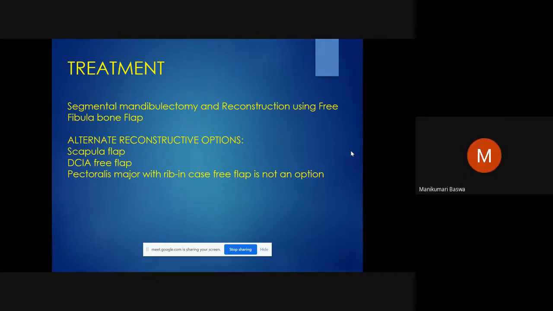The fibula might be at the basal bone itself. So you have to put an implant which has got a big superstructure. Whereas with DCIA, you can cut the bone till where you want to fit to the native mandible. So the height of bone harvested is customizable in a DCIA. And DCIA is good because it's bicortical with cancellous in between. So it's very good for implants.